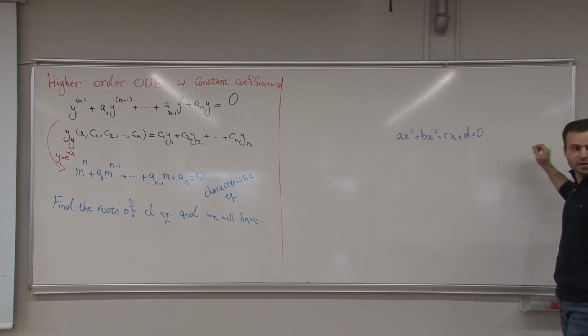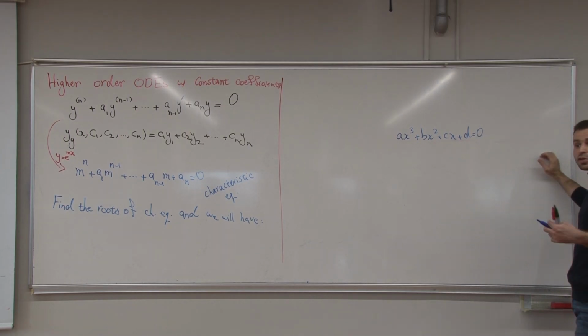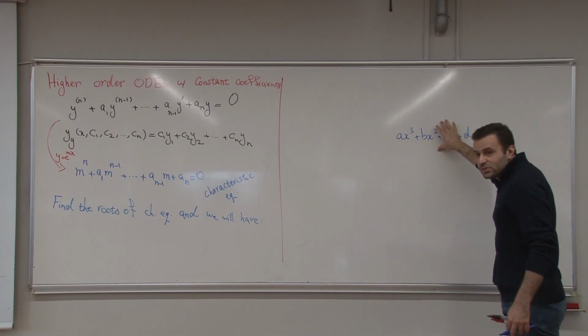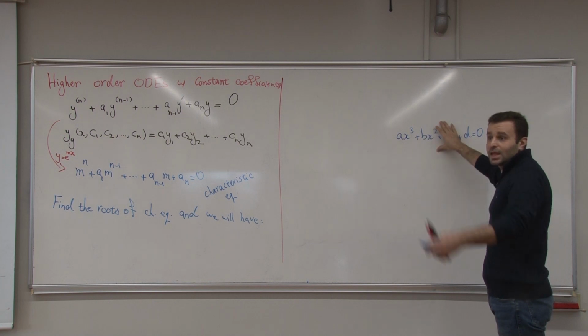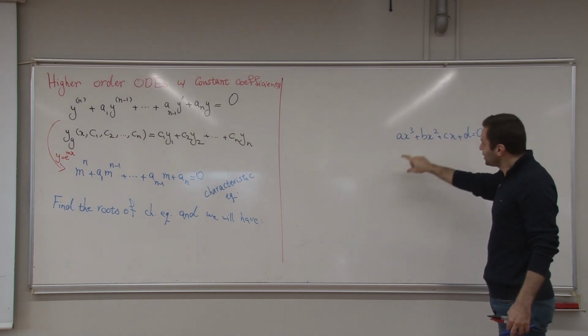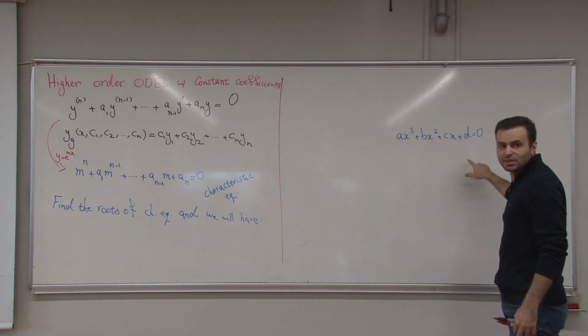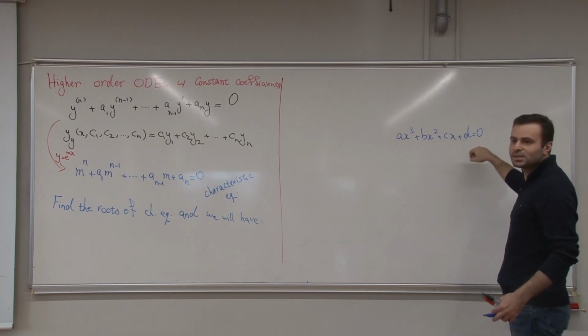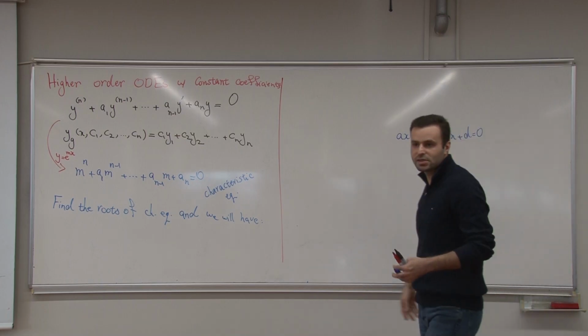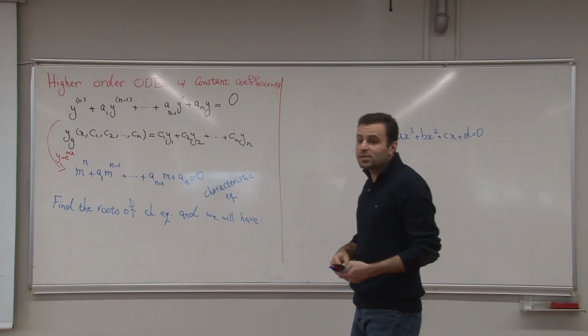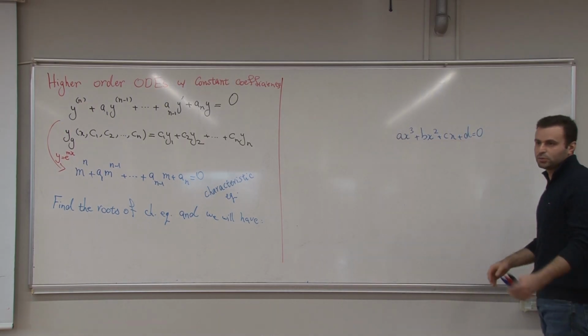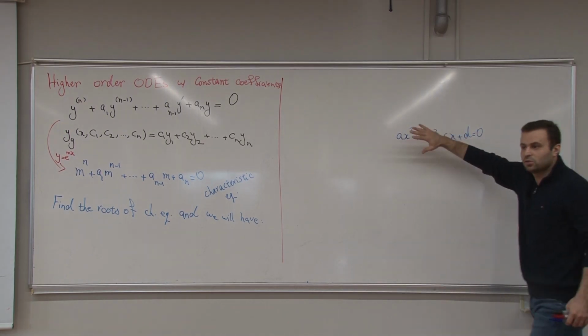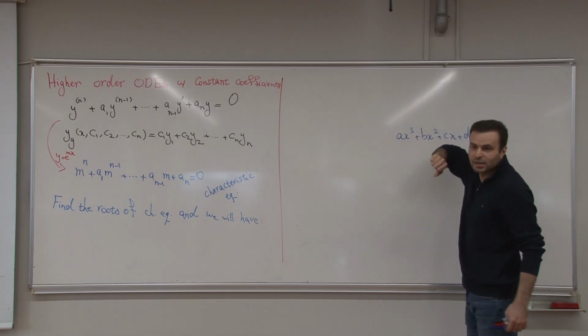And based on the works of Evariste Galois, we also know that it is impossible for fifth degree or higher equations to write their solutions in terms of radicals and plus minus these coefficients and this kind of things. So there is no general way to find the roots of this kind of higher order polynomial equations.